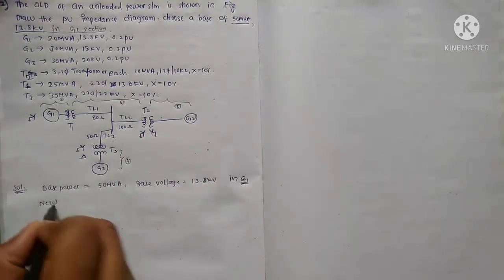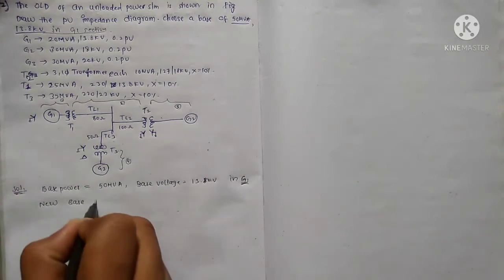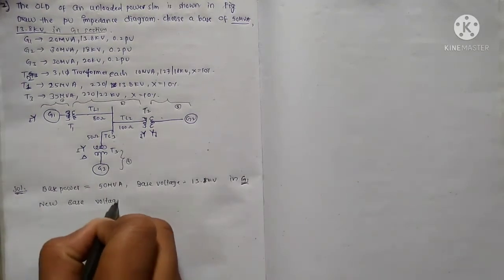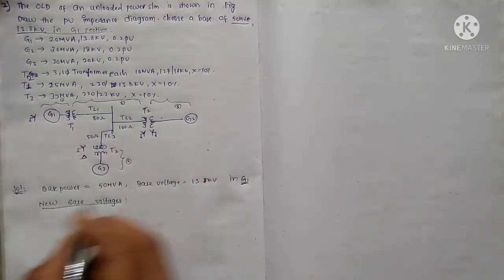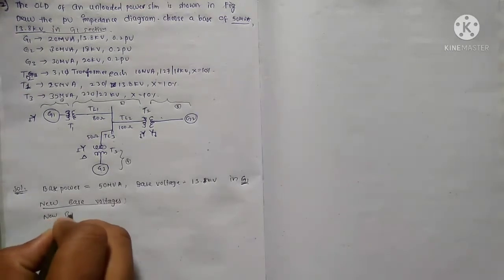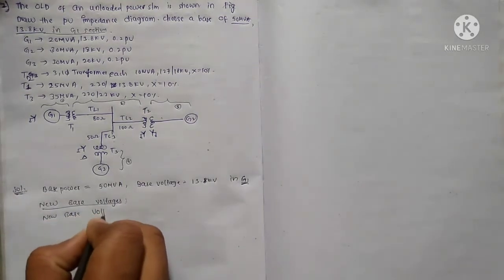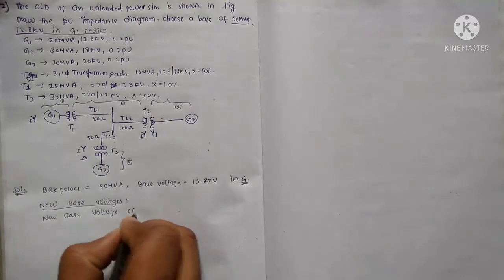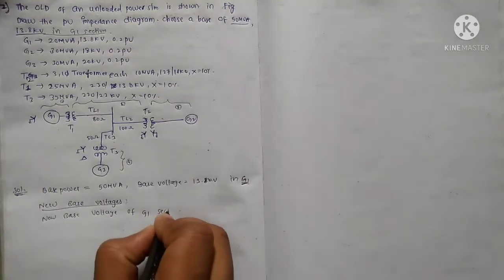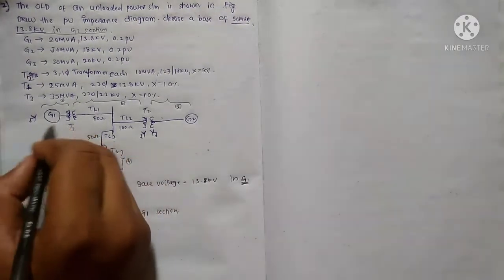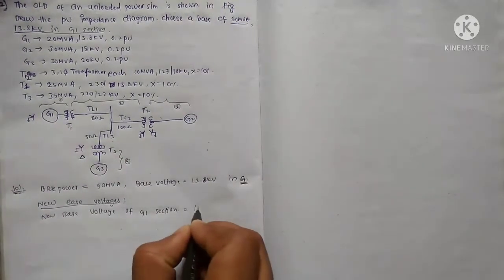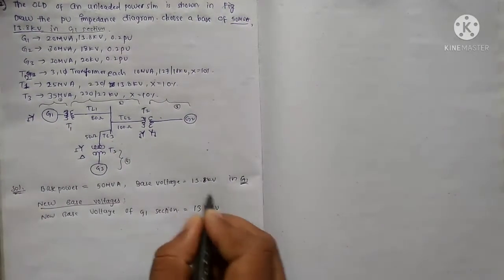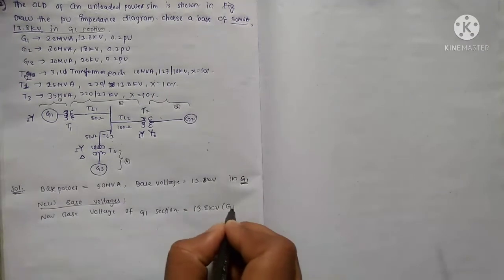Let's calculate the new base voltages of all the sections. First, the new base voltage of the G1 section, this first section, is equal to 13.8 kilovolt, given in the question.